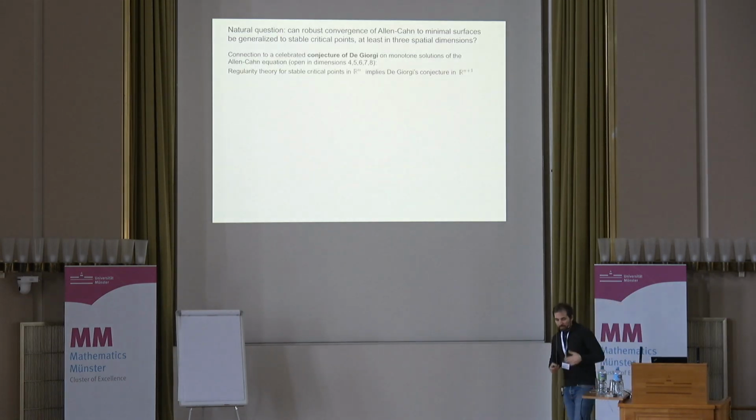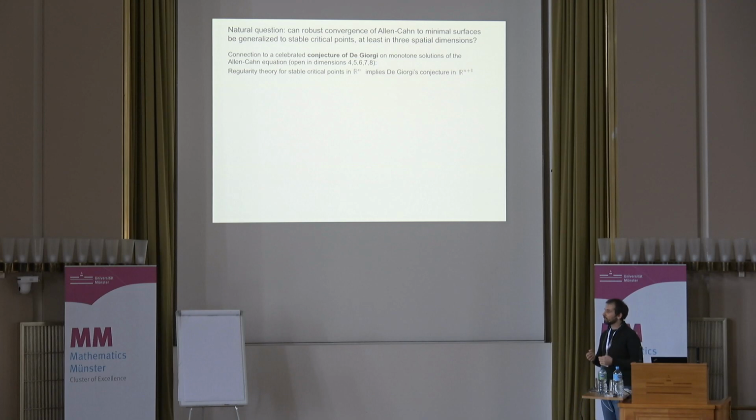So then the question is, if these stable configurations are the ones that are very important in physics, what can we say? Can we extend this regularity theory for Allen-Cahn to stable critical points, at least in 3 spatial dimensions, because it's the physical 3 dimensions at least? And so this is hard, as we'll see.